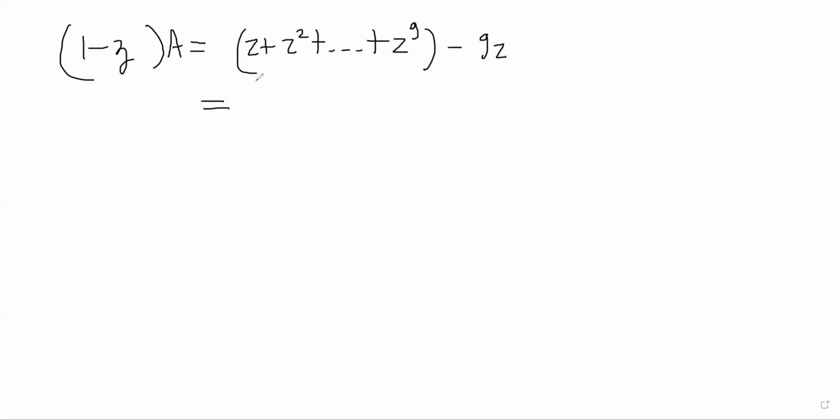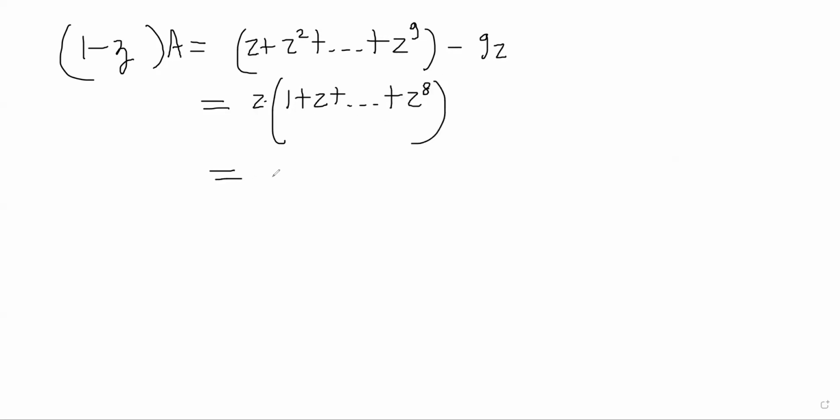We have 1 minus z times a is equal to the summation of that GP. Let me just write the series first. It was z plus z squared till z power 9 minus 9z, and this series is z into 1 plus z till z power 8.